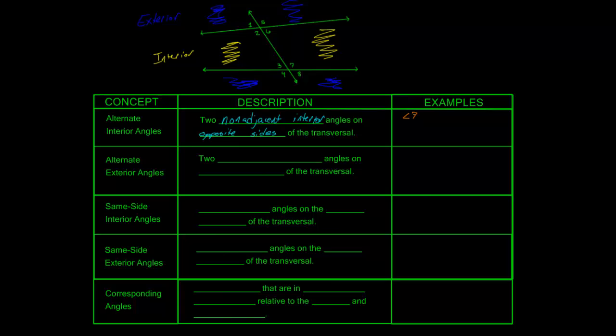Going back to our example, our 7 cannot be adjacent, but it has to be on the opposite side, so it has to be over here, and it also has to be in the interior. So the only one that's left is our number 2.